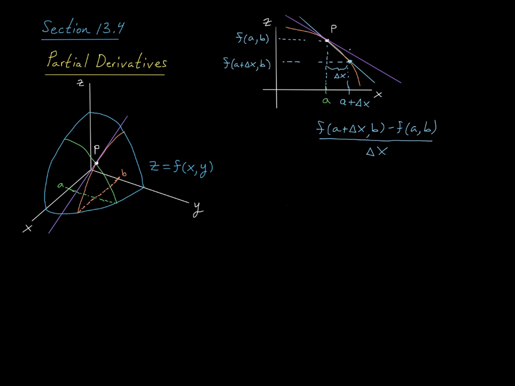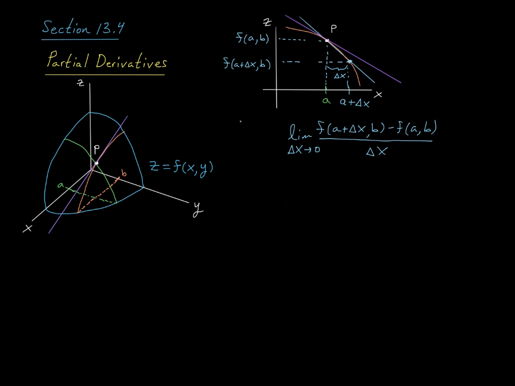So now what do I want to do to get the purple slope? Of course, I want to take the limit of this thing as we let delta x approach 0. This is going to give me the slope of this purple line.